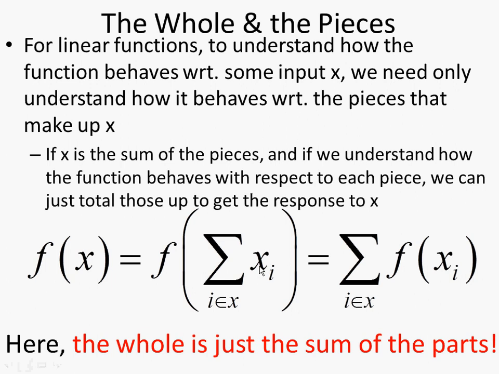With linear systems, in short, we can look at a complex situation, and we know how the system will respond to it because we can decompose that complex situation into simple pieces. Okay? We can take it apart into things whose behavior we know.